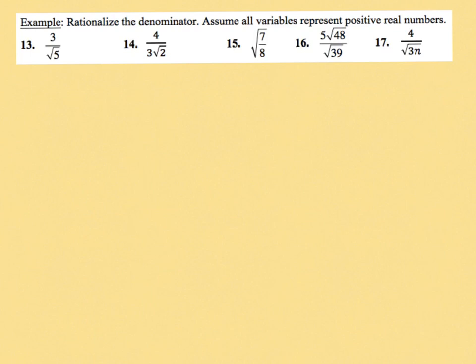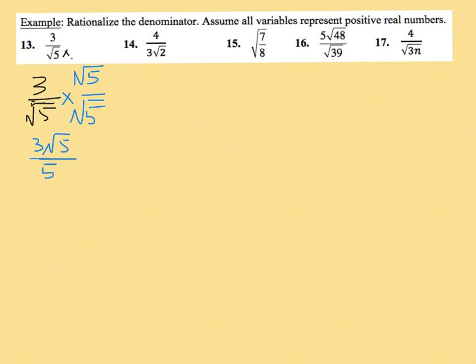And we know that from our earlier example, one way is to multiply square root 5 by square root 5. In order for us not to change the value of this expression, we have to make sure that the part in blue is actually equal to 1. So in this case, the numerator we get 3 square root of 5, and the denominator is now 5. So I have now rationalized the denominator, and this is my answer.